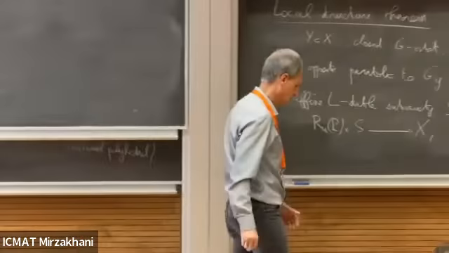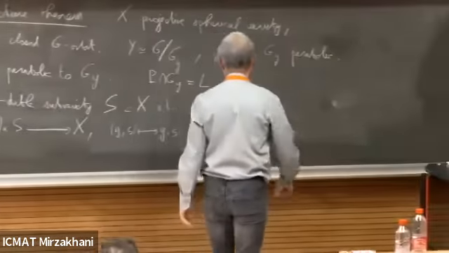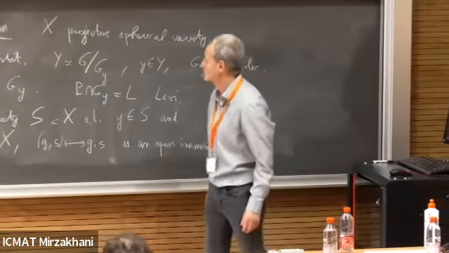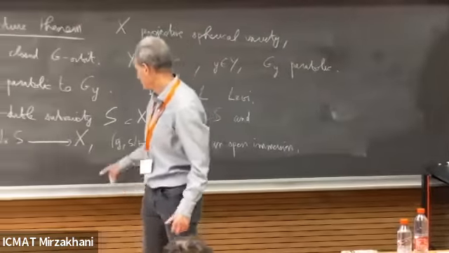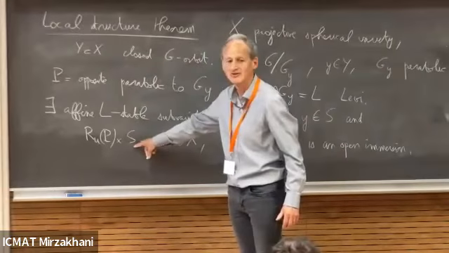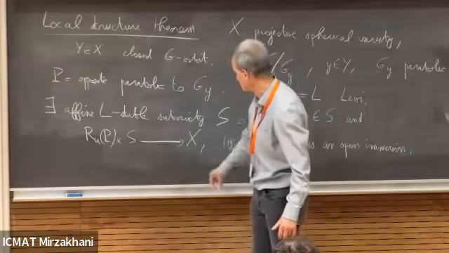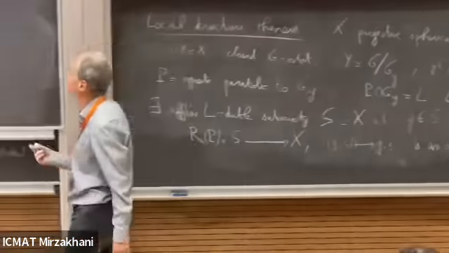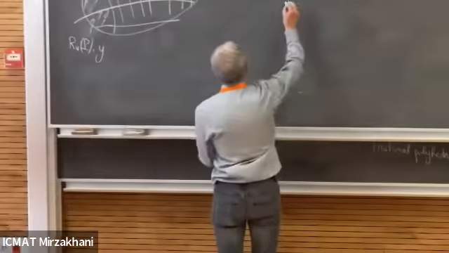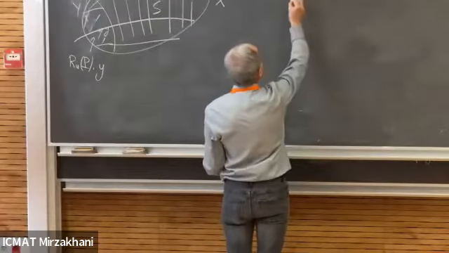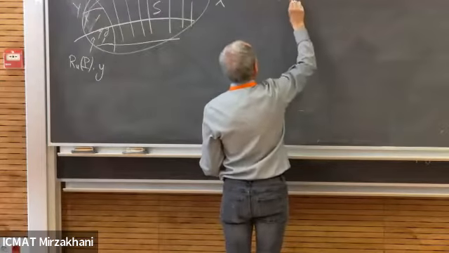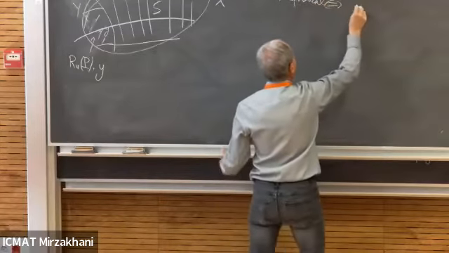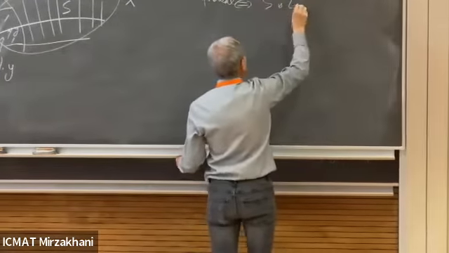But anyway, you see that many properties of X reduce to properties of S. Here you have a G action, and here you just have an L action. And now the remark is that with this notation, X is spherical if and only if S is L-spherical.